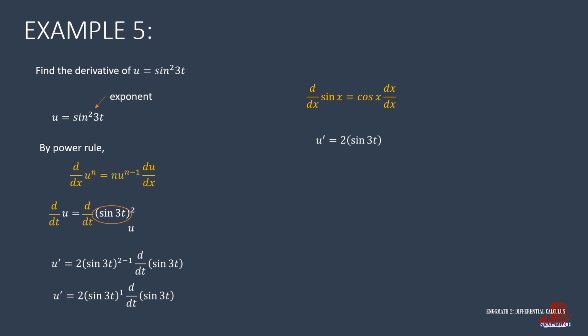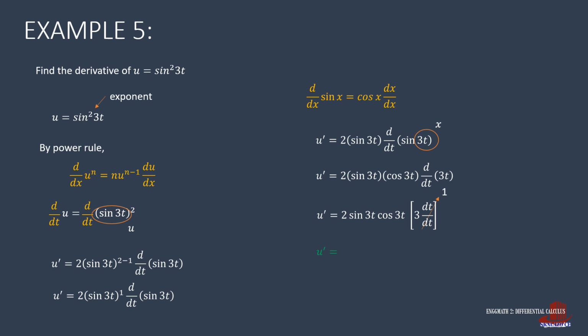So the resulting u prime has x as 3t. U prime is 2 sine 3t cosine 3t times the derivative of 3t, which is similar with 3 times dt all over dt, which is again taken as 1. So the final u prime is 6 sine 3t cosine of 3t.